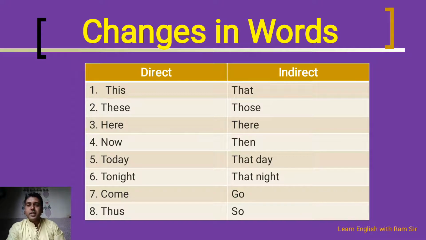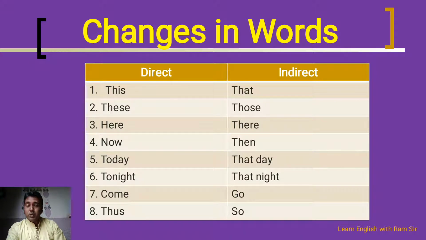The first word here is this, and the word this is converted into that. The second word is these. These will be converted into those. Here becomes there. Now will be converted into then. Today is very important.